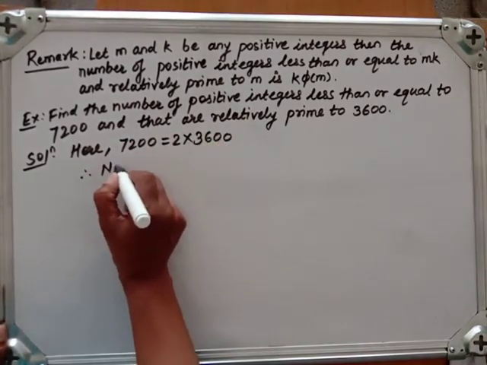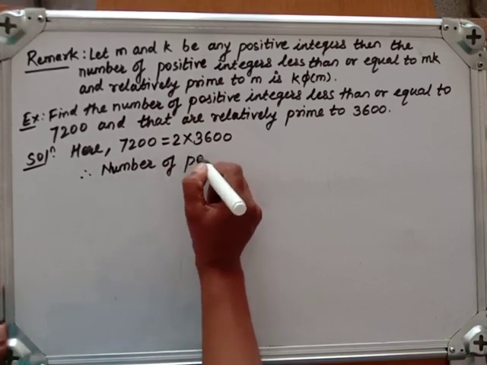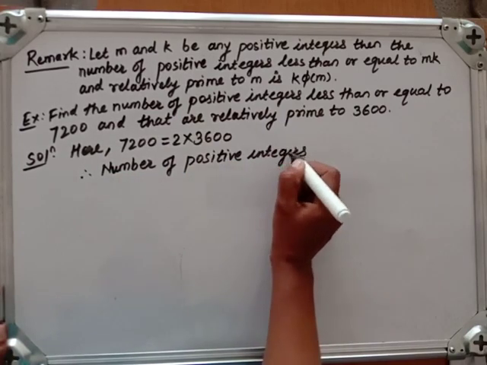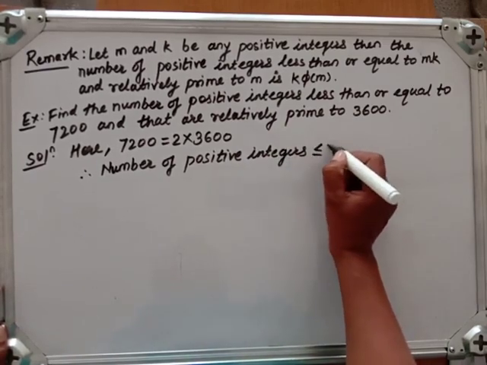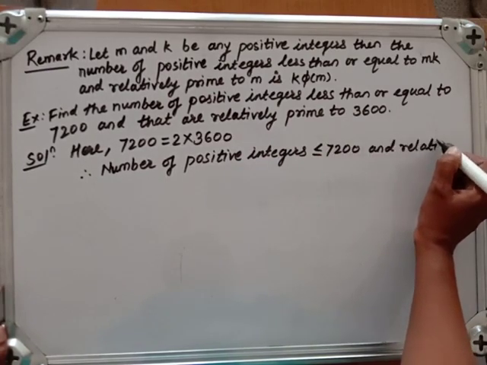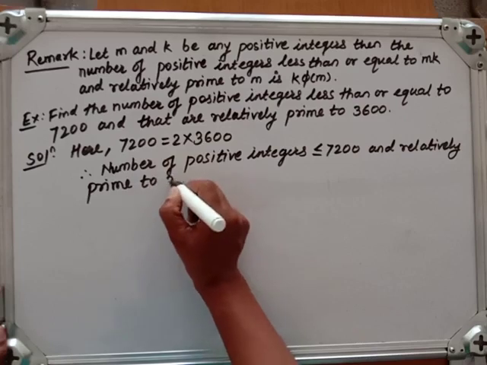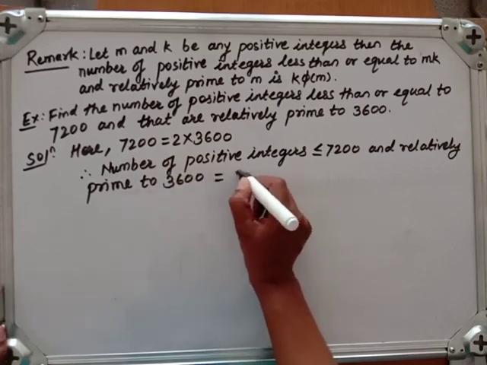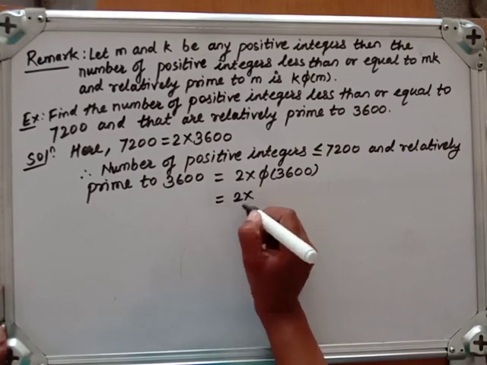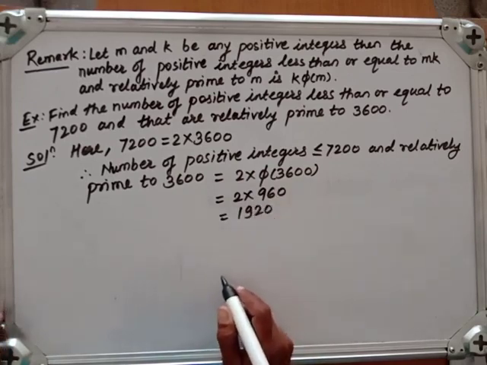Now you know the number of positive integers less than or equal to 7200 and relatively prime to 3600 is equal to 2 times phi of 3600, that is 2 into 960, that is 1920.